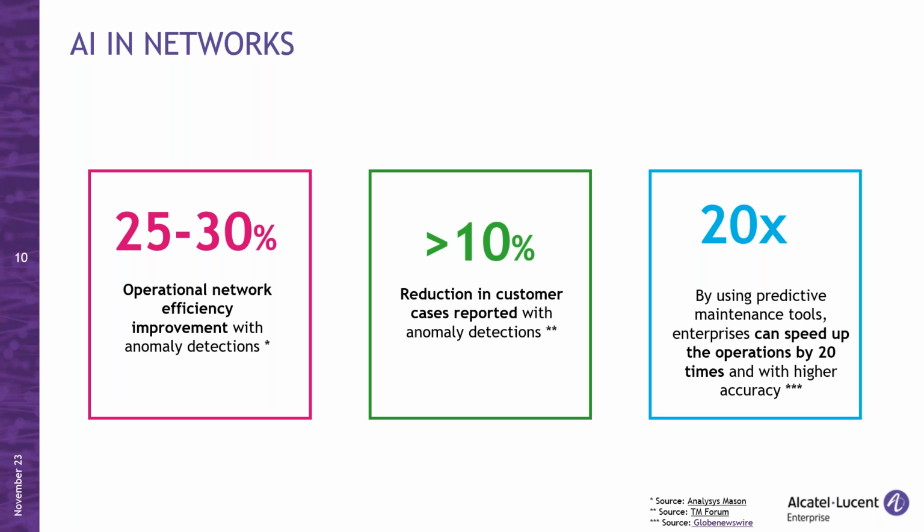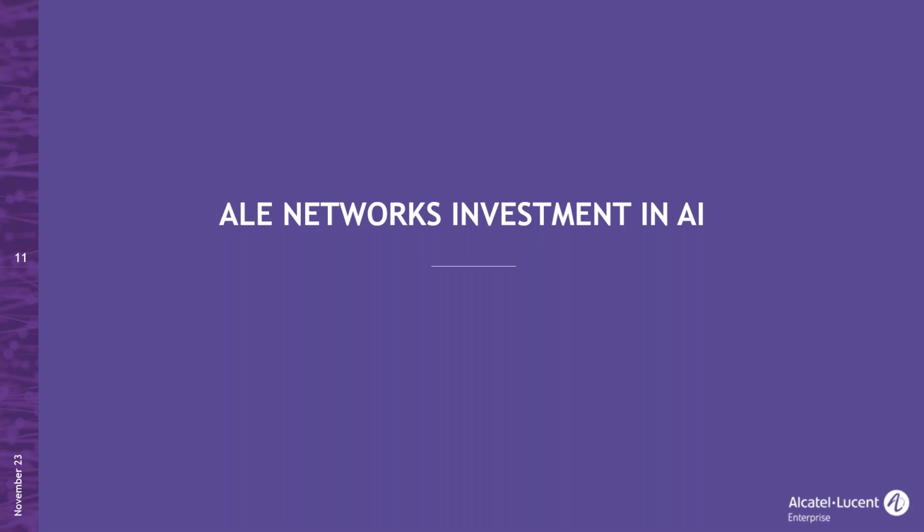And more than 10% reduction in customer cases reported to TAC when you have some problems, or to the partner, also with anomaly detections. As a result of using these predictive maintenance tools, your company can speed up operations by 20 times. So you'll have more time, and you'll have real-time information to analyze, correct, and improve your network with this kind of tools.